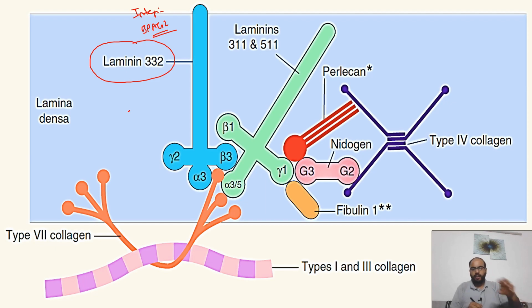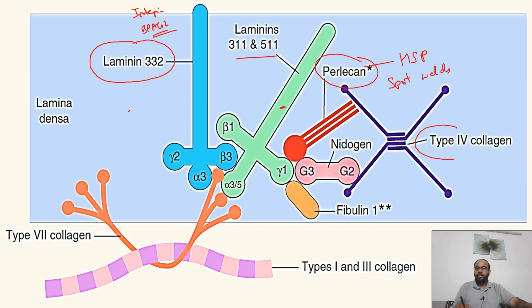If you want further clarification, see part 2 of this series, basement membrane, where we discuss lamina lucida and hemidesmosomes, and you will understand the configuration. It is further stabilized by attachment to laminins 311 and 511. Here is the perlecan, which is a type of heparan sulfate proteoglycan. It spot welds. That means it creates a good attachment between type 4 collagen and the laminins.